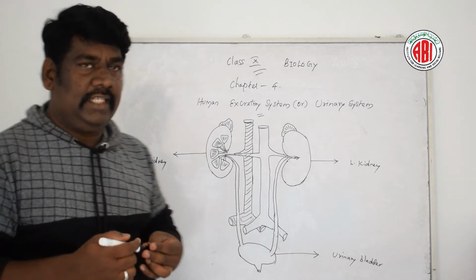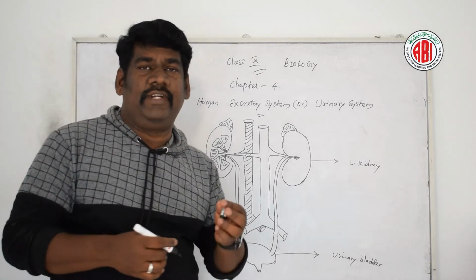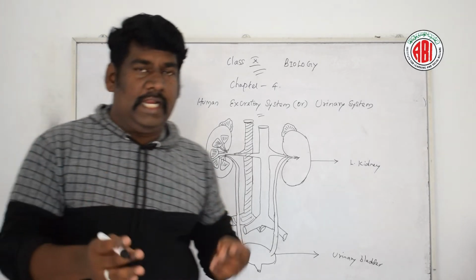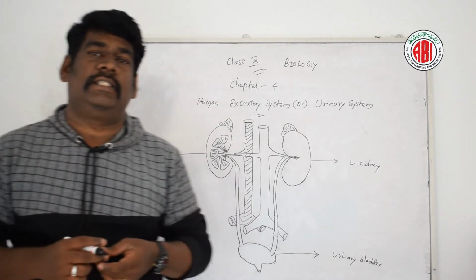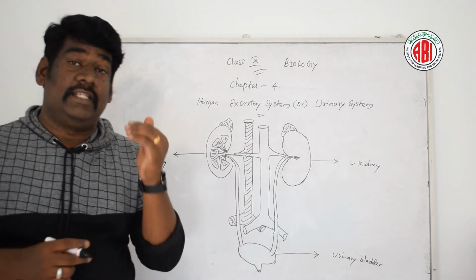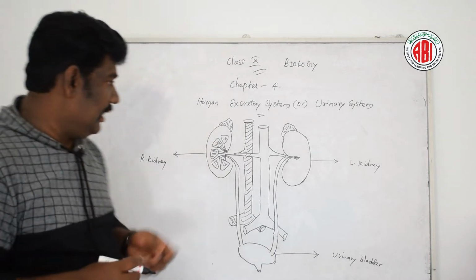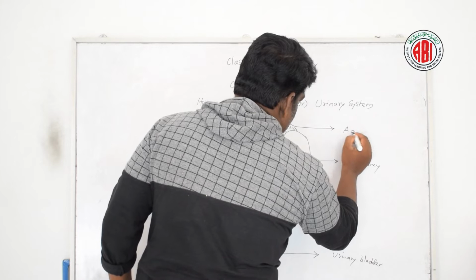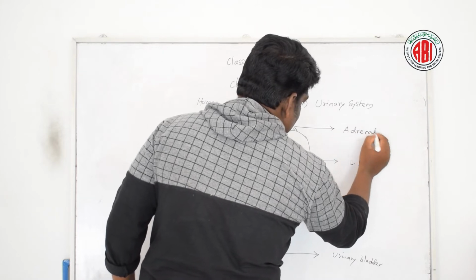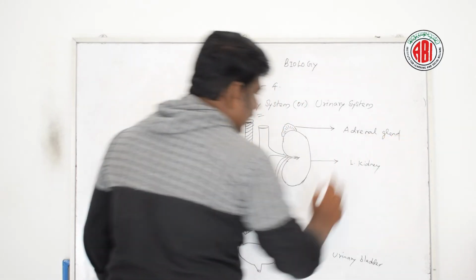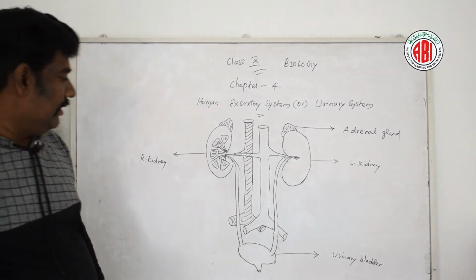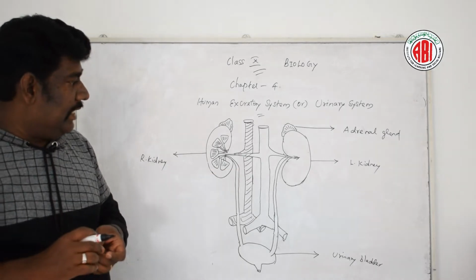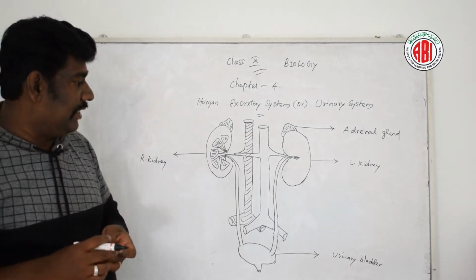When we talk about the different types of endocrine glands, one of the most important glands is located on the top surface of the kidney. This particular structure is called the adrenal gland, one of the most important endocrine glands. So four labelings done.